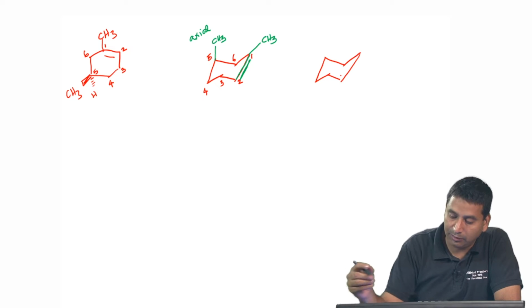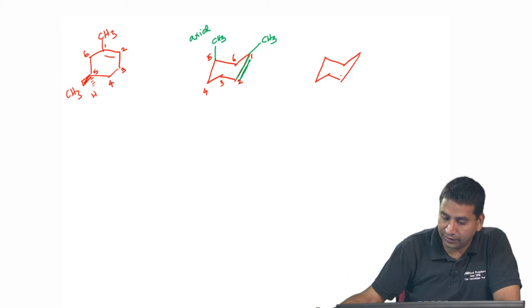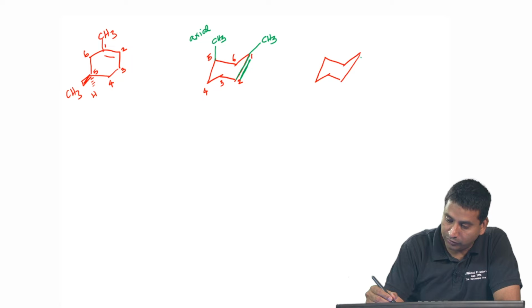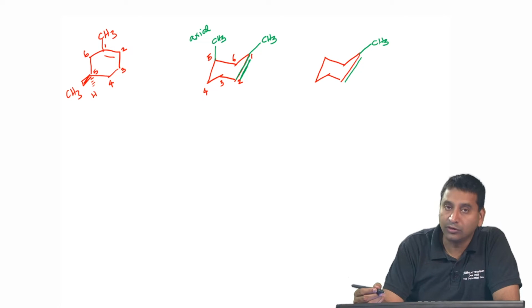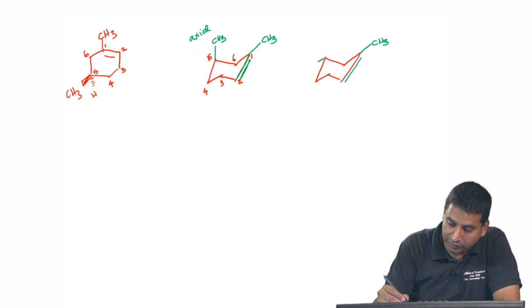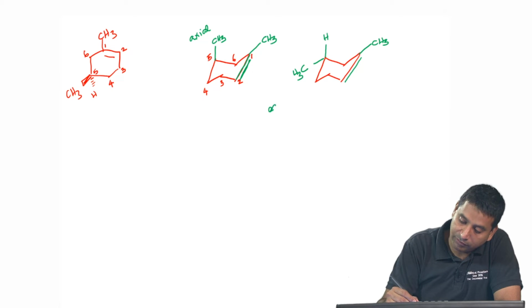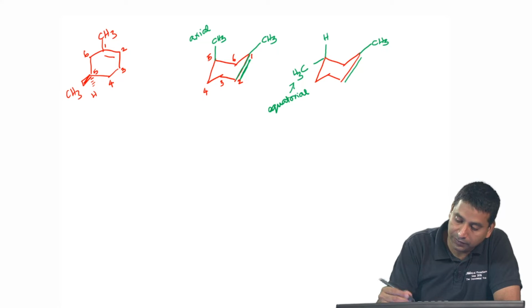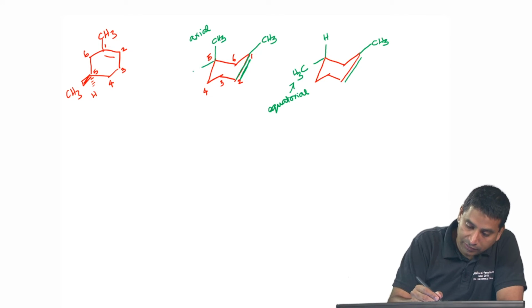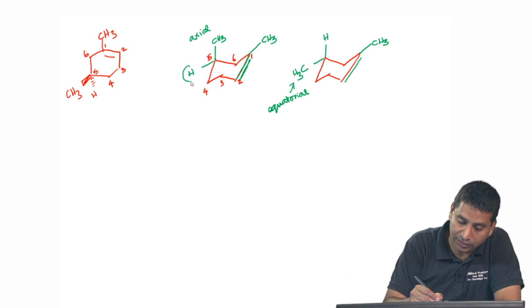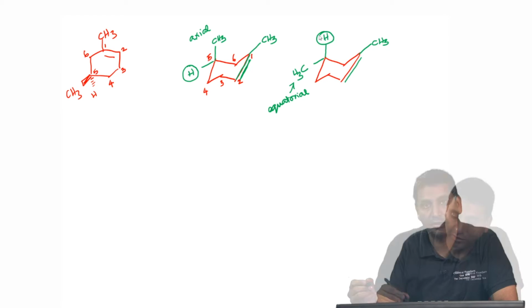Again I am drawing out the methyl groups, and the first thing I do is draw the double bond. My CH3 remains the same on the olefin. The only difference is the CH3 is in the equatorial position. Just for the sake of clarity, let me draw the hydrogen over here. So, this is my equatorial methyl group.